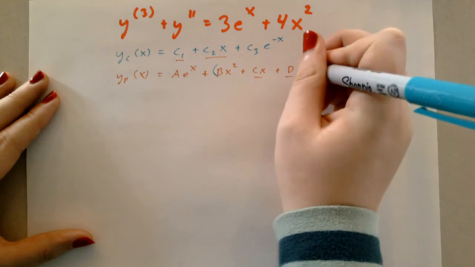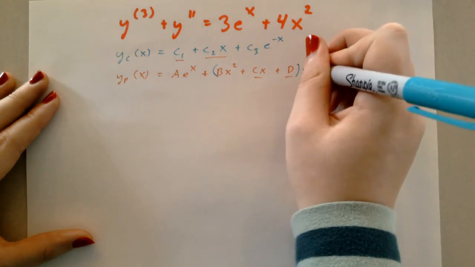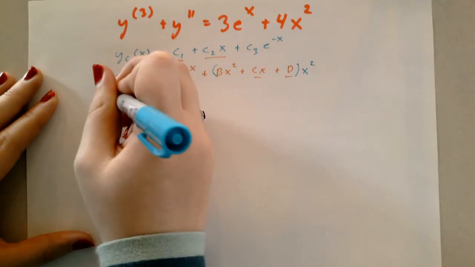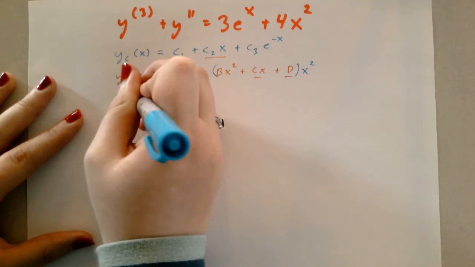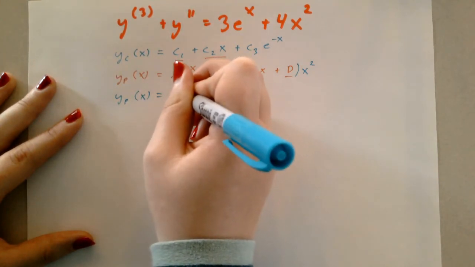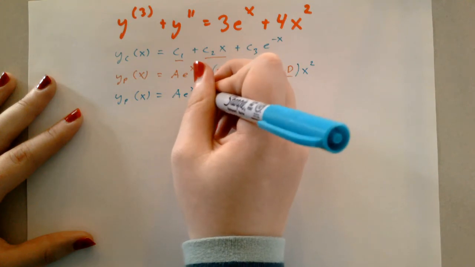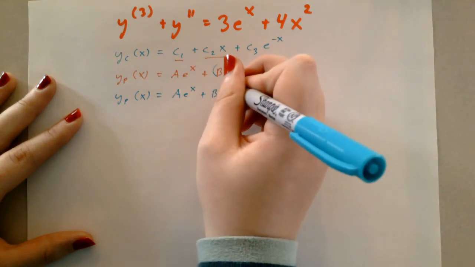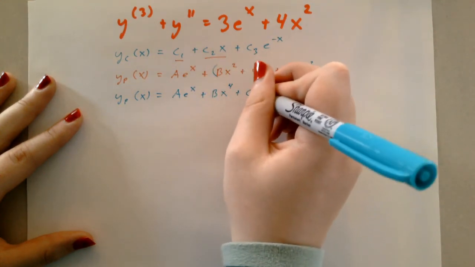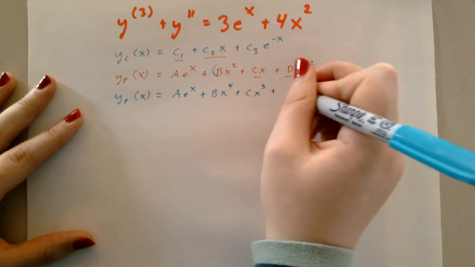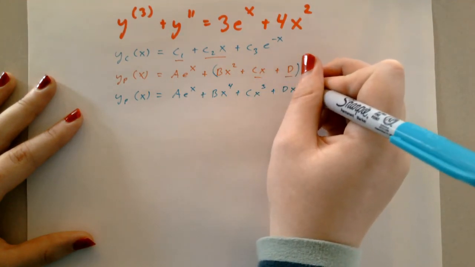So we'll go ahead, multiply these by x squared, and get our new particular solution, which is going to be a e to the x plus b x to the fourth plus cx cubed plus dx squared.